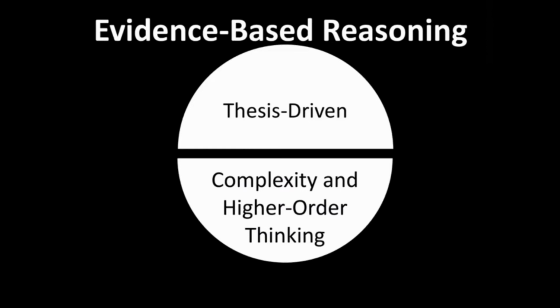Then, we have complexity and higher order thinking. Academic writing addresses multifaceted issues that require higher order thinking skills applied to understanding the research problem, such as creative, critical, logical, and reflective thinking as opposed to prescriptive or descriptive thinking.